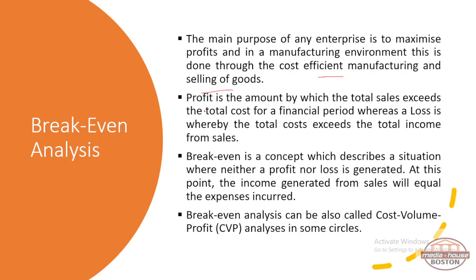It continues to say that profit is the amount by which the total sales exceeds the total cost for a financial period, whereas a loss is whereby the total cost exceeds the total income from sales. Break-even is a concept which describes a situation where neither profit nor loss is generated. At this point, the income generated from sales will equal the expense incurred.